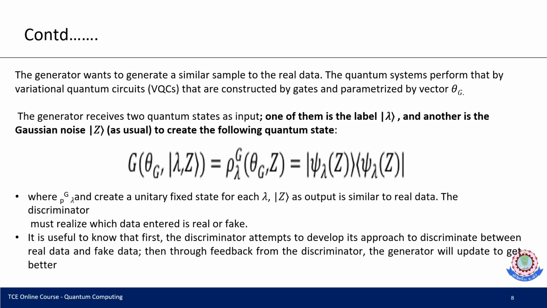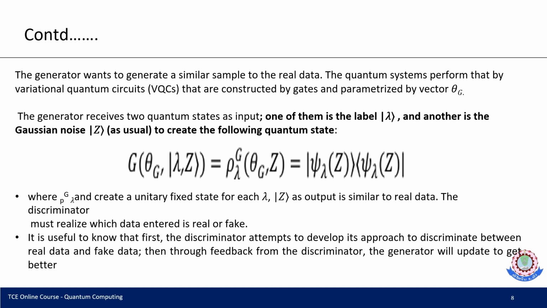The generator wants to generate samples similar to the real dataset. It does this with variational quantum circuits, VQC, that are constructed from gates and a parameterized vector theta g. The generator receives two quantum states as input: one is the label ket lambda, and the other is the Gaussian noise ket z.